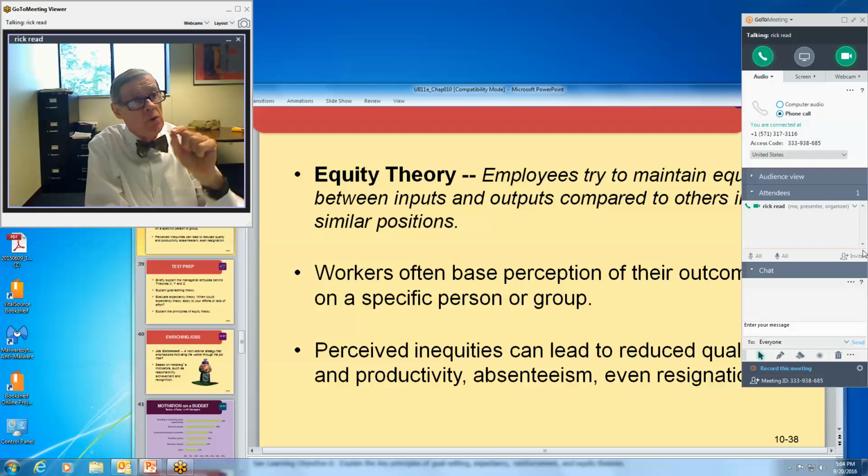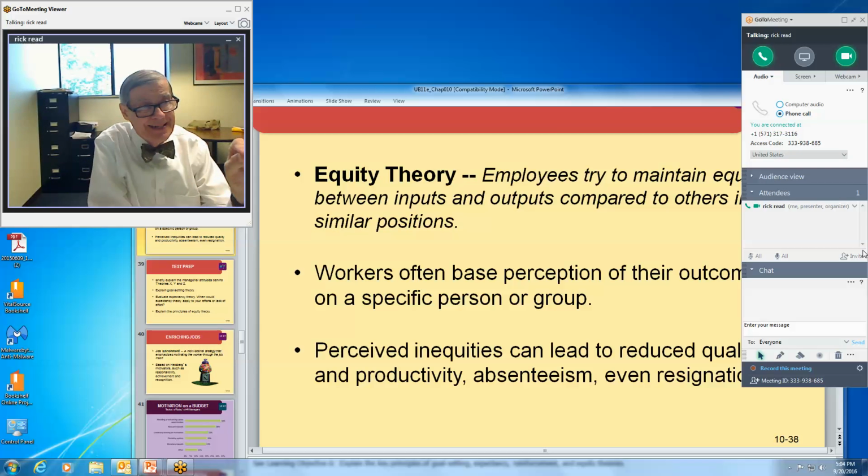Once that employee perceives that it's not equitable, he or she has a number of choices to make, none of which are good for the long-term betterment of the company. They can reduce inputs and outputs. They can revert to absenteeism.